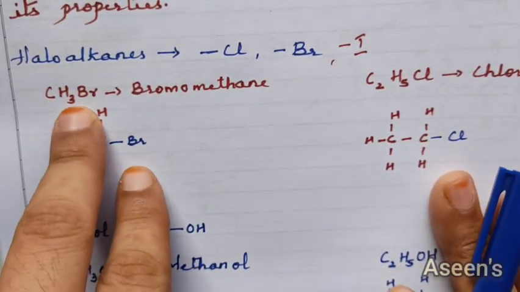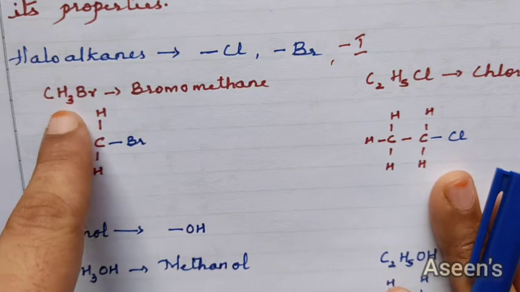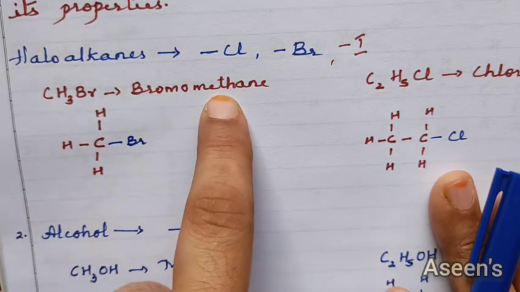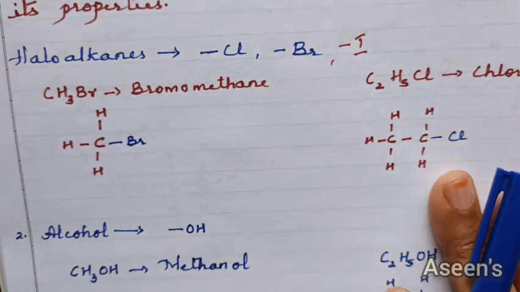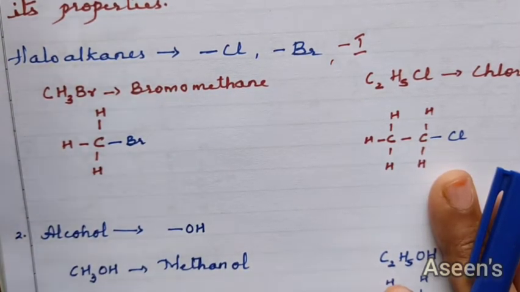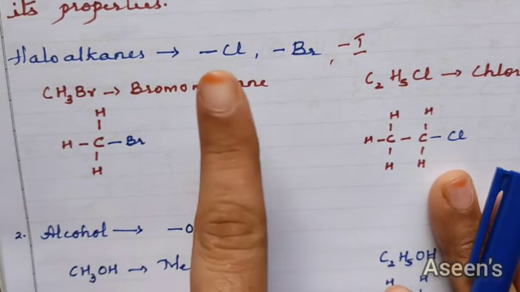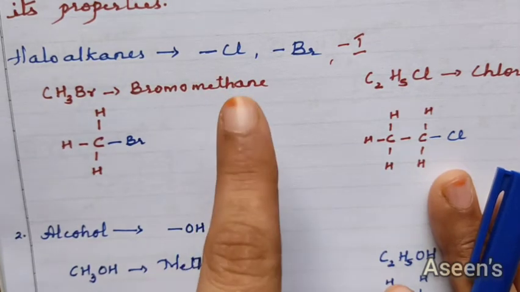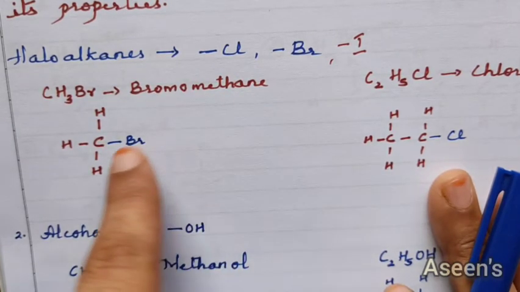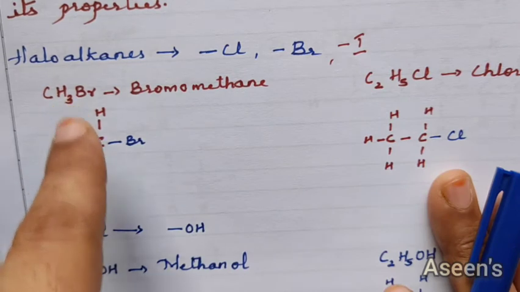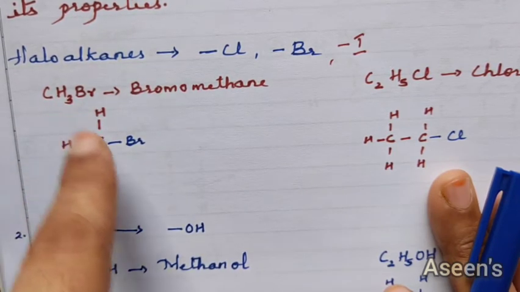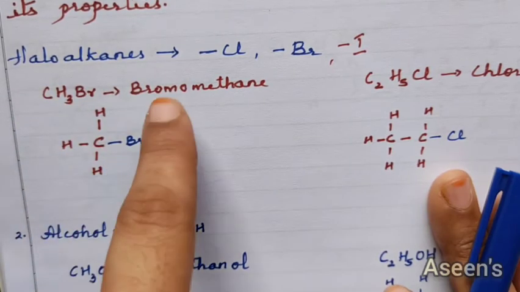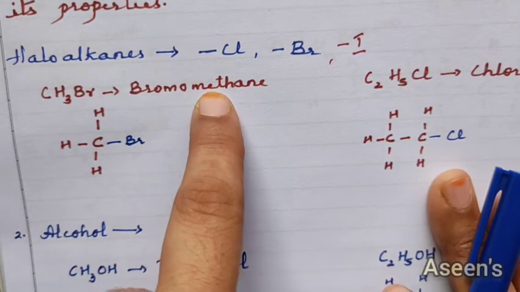As you can see here, I have taken an example. This example is for bromomethane. One thing you need to remember while naming, in case of functional groups as well, as usual, the first step is supposed to be counting your carbon atoms. If you see the molecular formula or the structural formula, you can see that we have only one carbon atom, hence it's going to be meth.